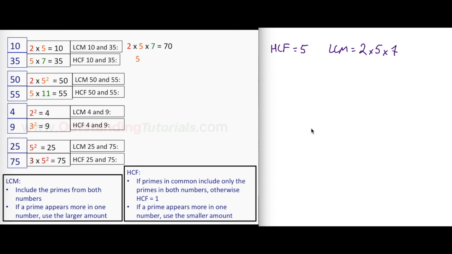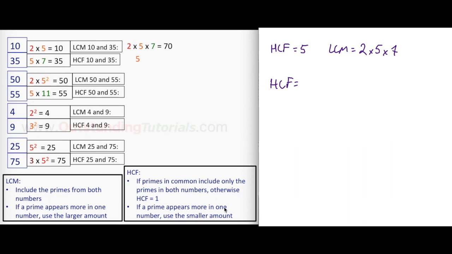Okay, the next one then. Let's look at that one. I'm going to start again with the highest common factor, because you're looking at the numbers in both. This is a similar case. 2 is not in both, so I'm not concerned with the 2. 11 is not in both, so I'm not concerned with the 11, but the 5 appears in both. But they have different powers.